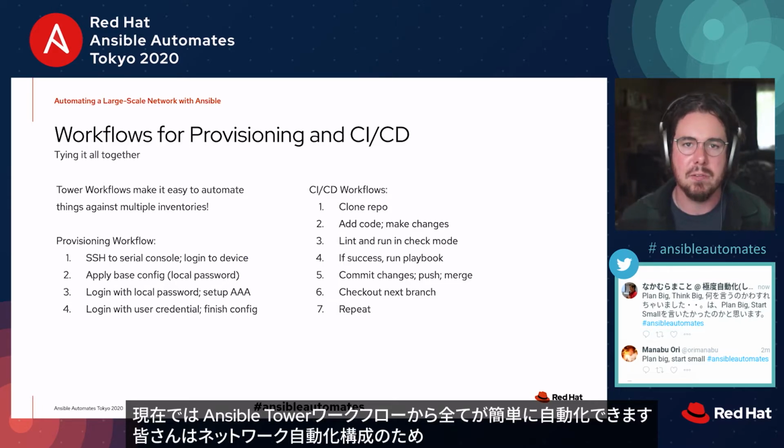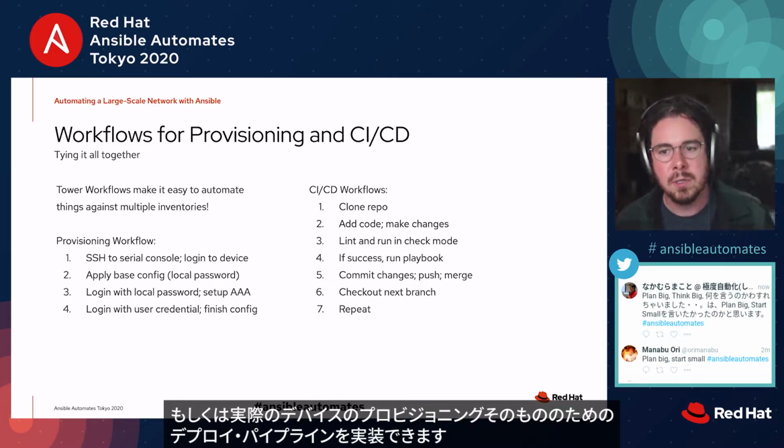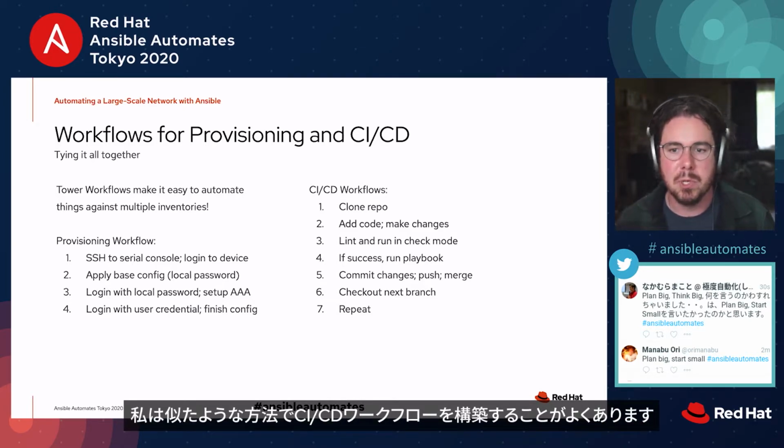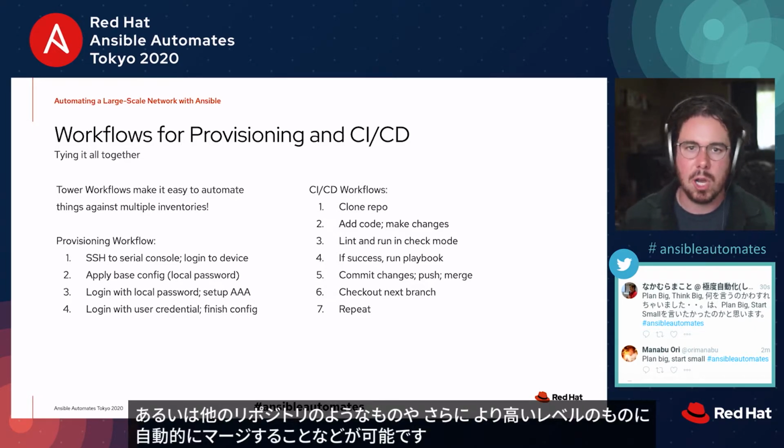So you can essentially have a deployment pipeline for your network automation configurations or for the actual device provisioning itself. And similar to that, I often am building CI/CD workflows that will let people take the specific network changes they're making to their configurations and either test them or automatically merge them up to some sort of other repo or some other higher level.